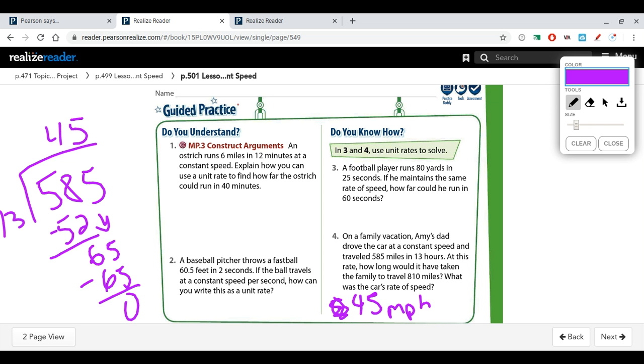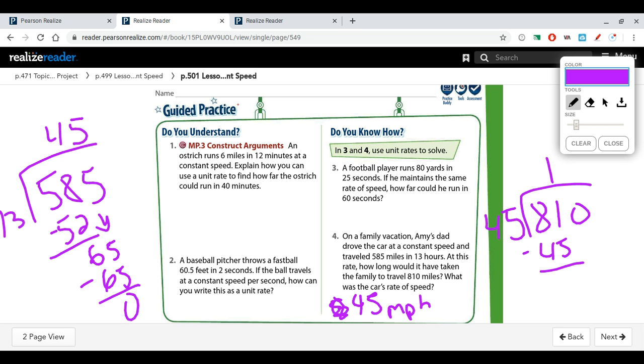And what I'm going to do is divide 810 by 45, and that will tell me how many hours it will take the family to get there. So we look at how many times 45 goes into 810. It's going to go into 81 one time. I get 45.